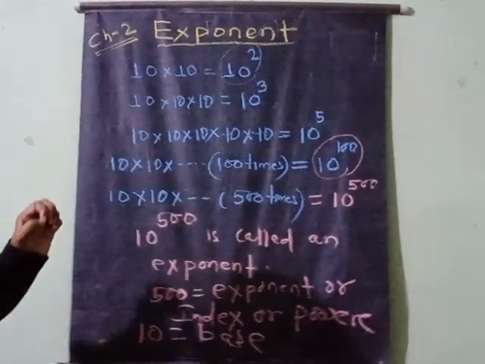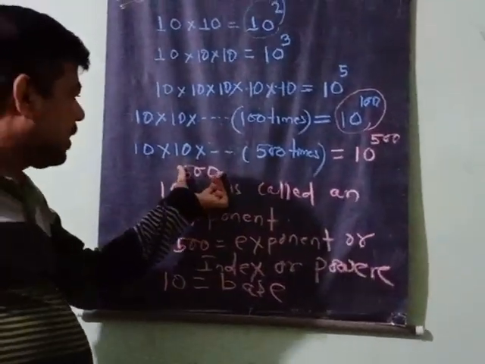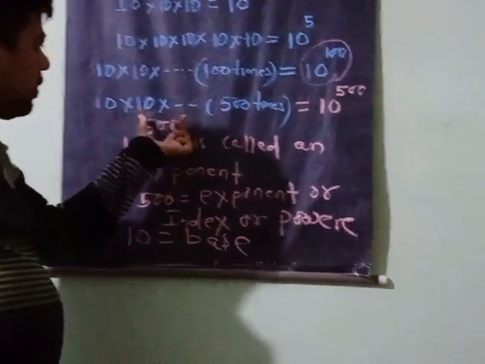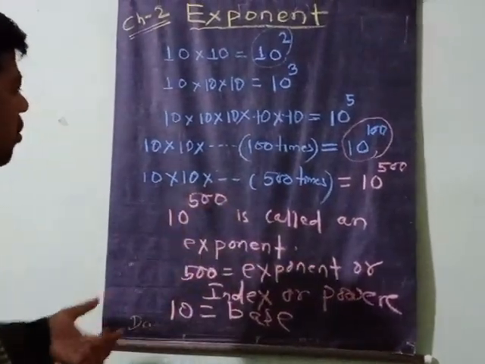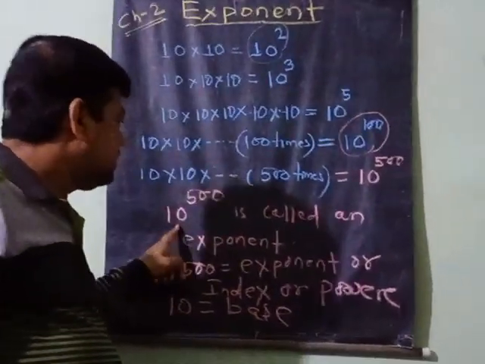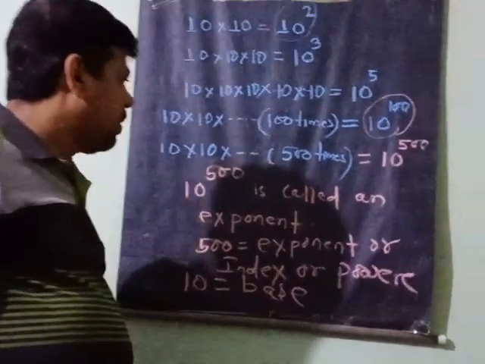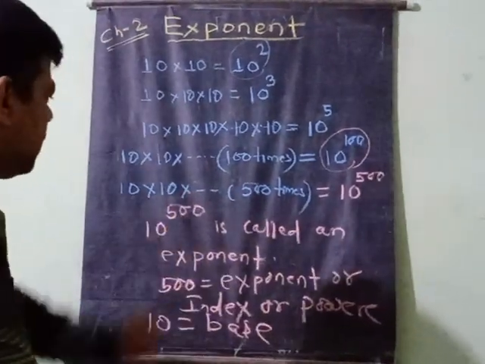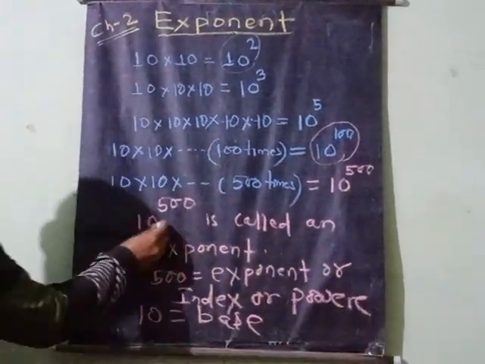The exponent of a number, or power we can say also, tells how many times the number 10 is used in the process of multiplication. So in 10 to the power 500, here 10 is the base.